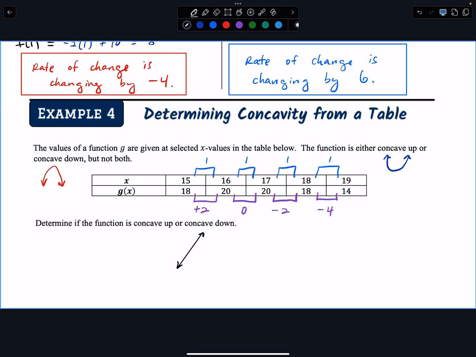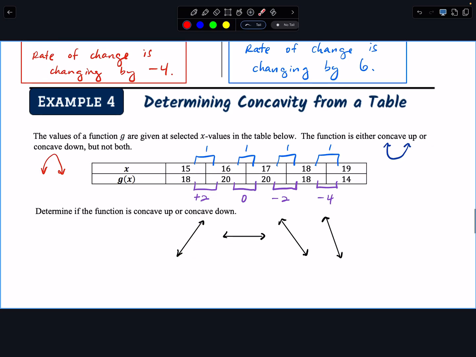At 0, that's just flat, right? At negative 2, it's going to look like this. And then at negative 4, it's going to look like this. So the graph is going up, flat, down, and then down. Does that make sense? So what concavity is that? Down. That's it. It's concave down.